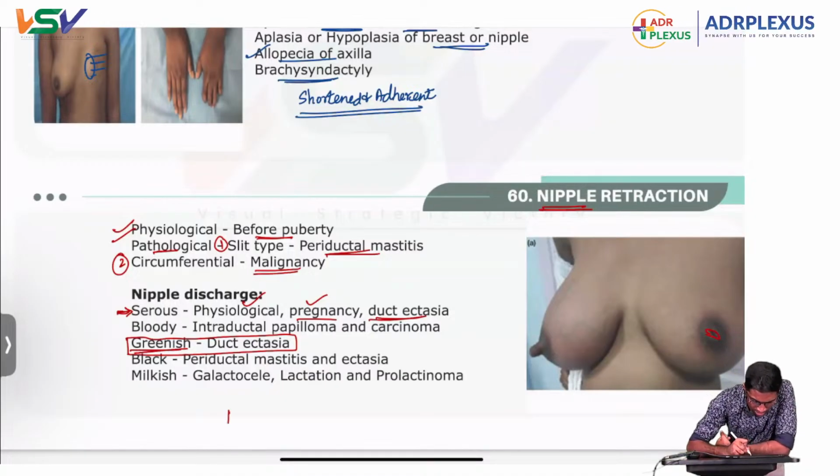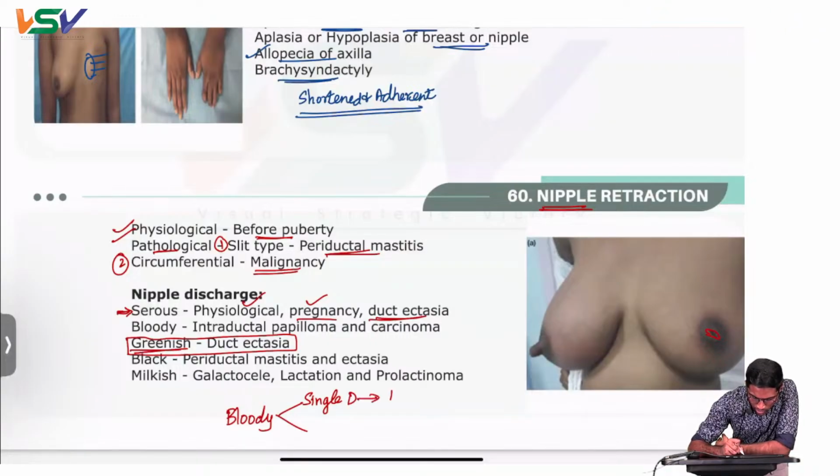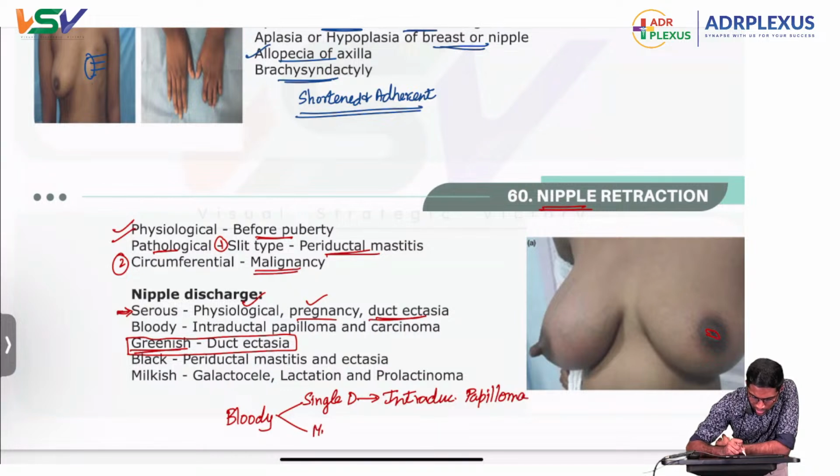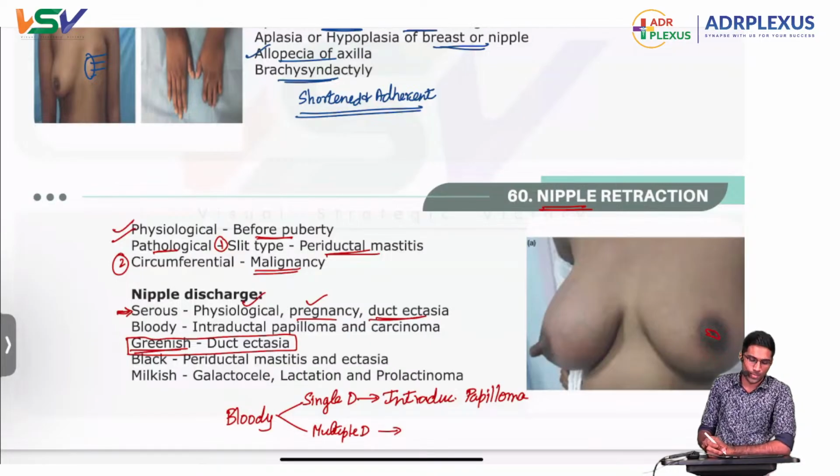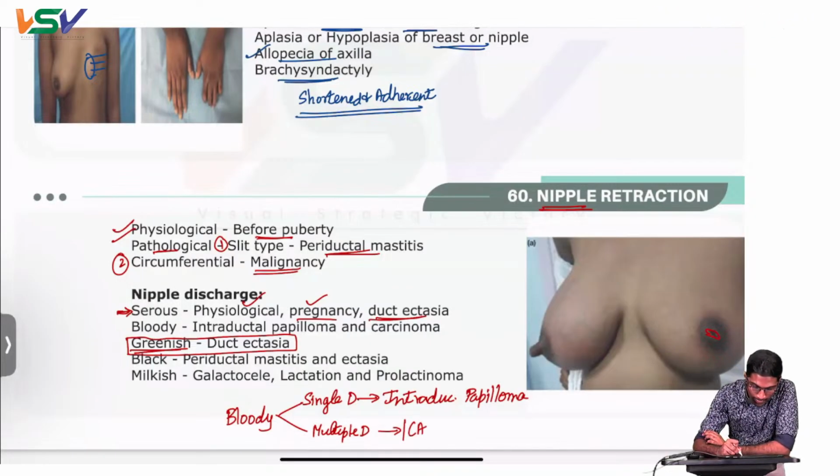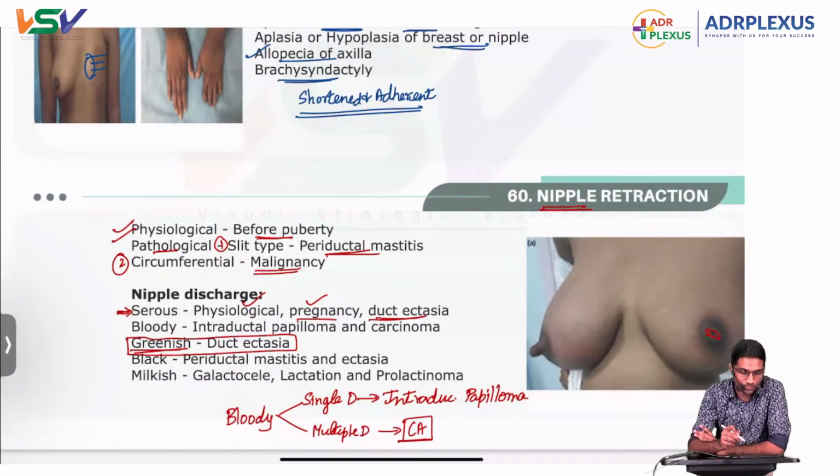And blood in nipple discharge, remember easily: single duct, think only about intraductal papilloma. If it is multiple ducts, always carcinoma. Then black is periductal mastitis, and ectasia also it can be present.